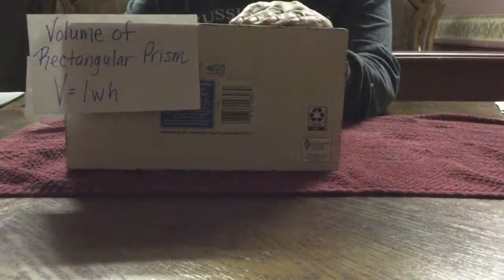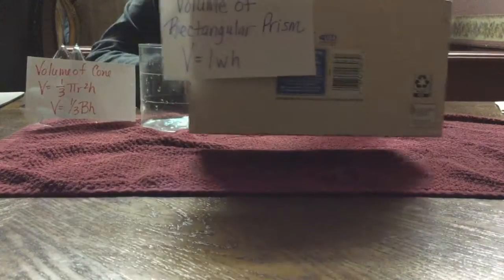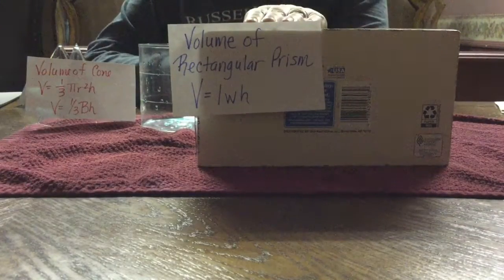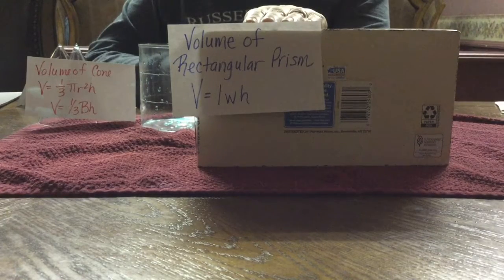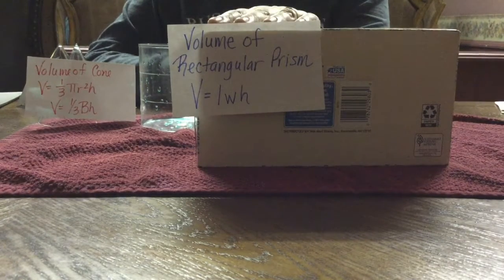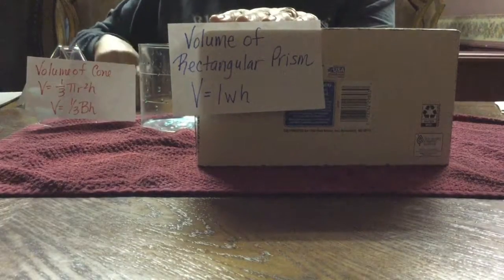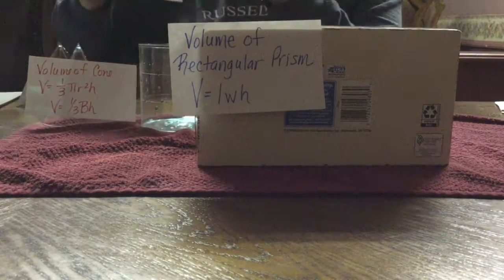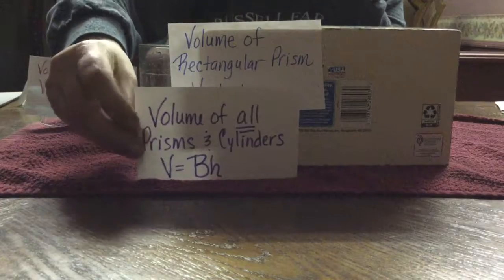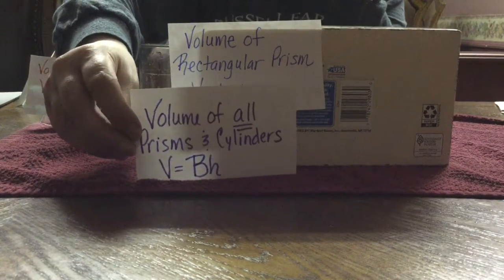Great. So remember, for our formulas, the volume of a rectangular prism is the length times the width times the height. However, you could use the general formula that says the volume of all prisms is the area of the base times the height.